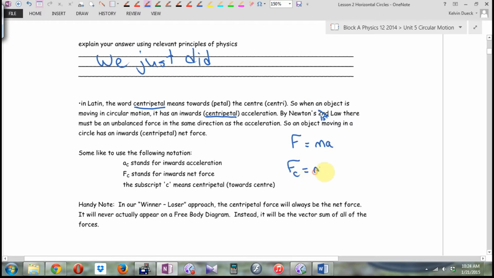Fc equals mac. By the way, what this really means is Fc equals either mv squared over r, that was one of our equations for a moving in a circle, or the centripetal force is m 4 pi squared r over T squared.